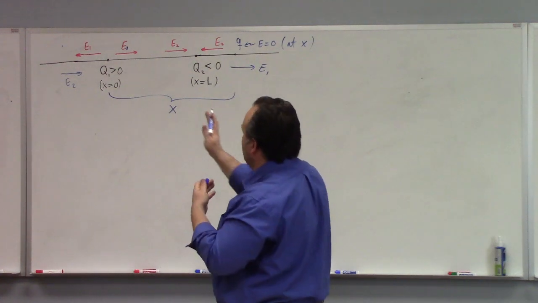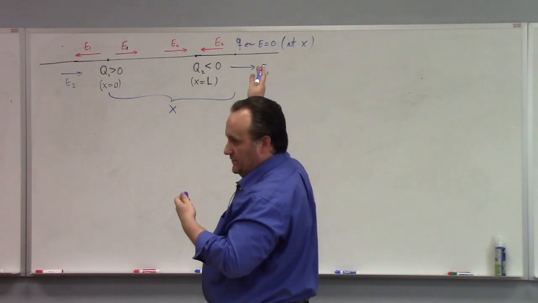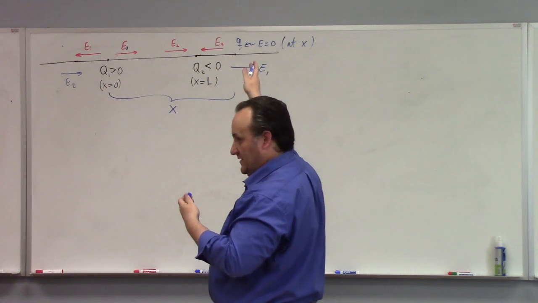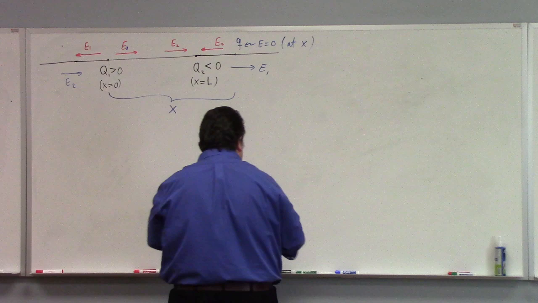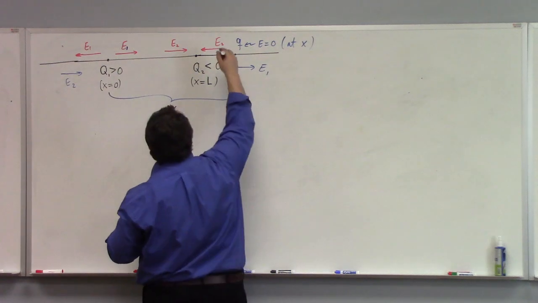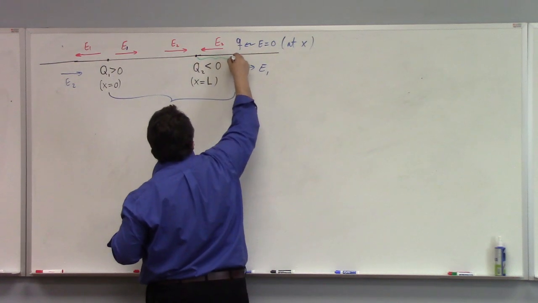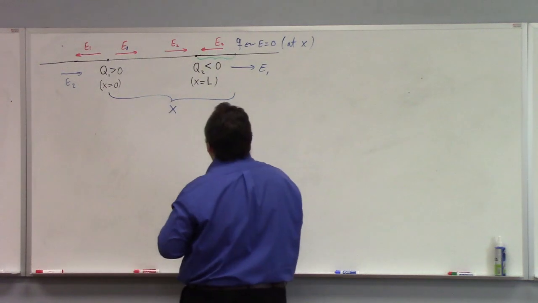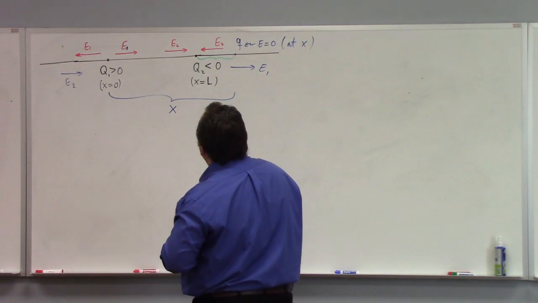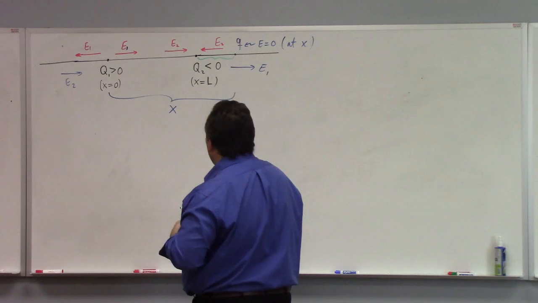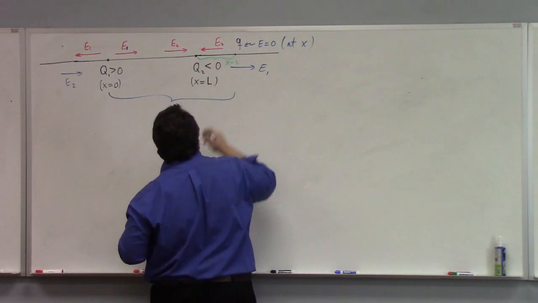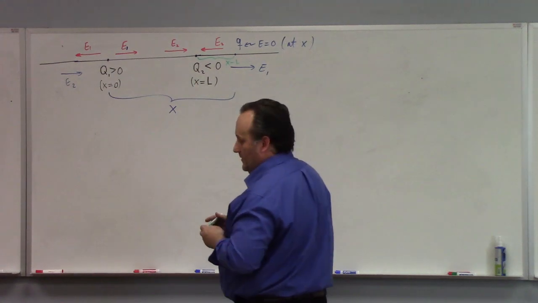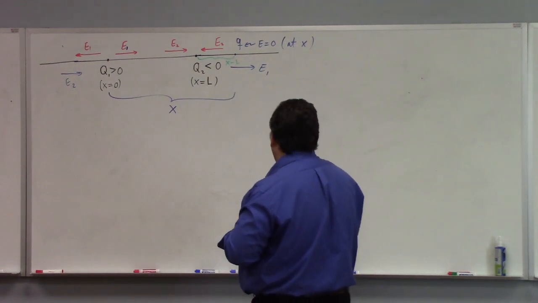That's the distance from Q1, which is one of the sources, to the field point where test charge Q is. What's the other distance involved here? What's this distance here? X minus L? Yeah, I think that's it. X minus L. Cool.